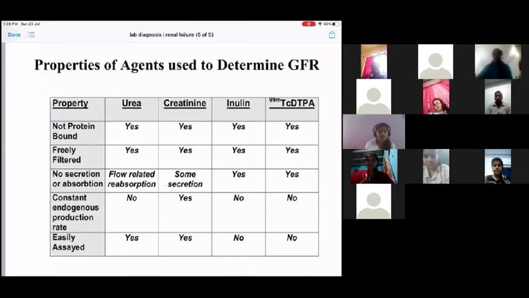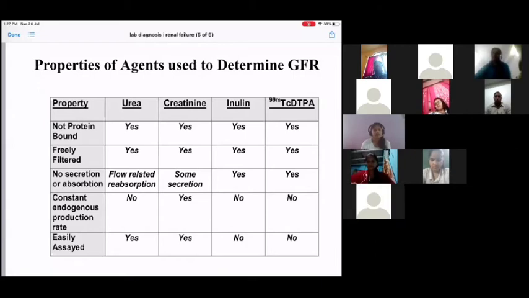Second is freely filtered. Yes, all substances are freely filtered. Third is no secretion or absorption, meaning there is no addition or subtraction of substance in the tubules. Only two substances have no secretion or absorption: first inulin and second technetium 99m DTPA.